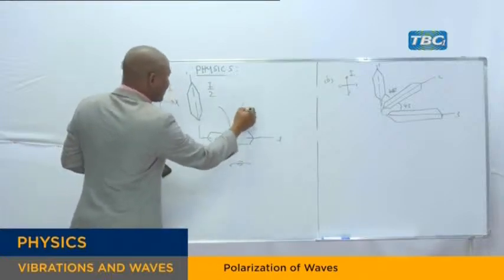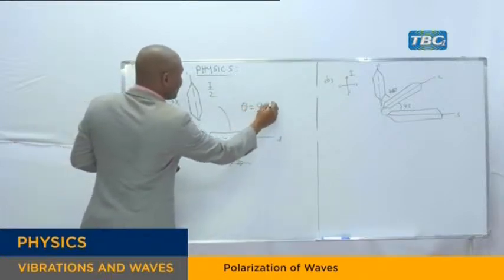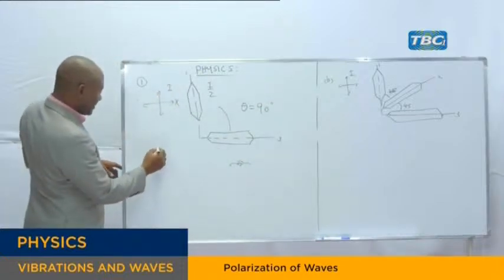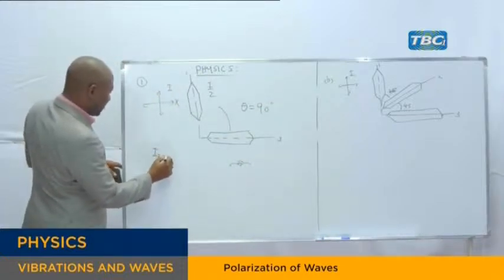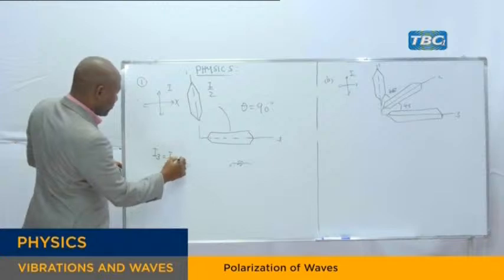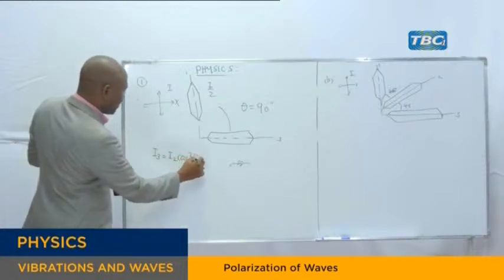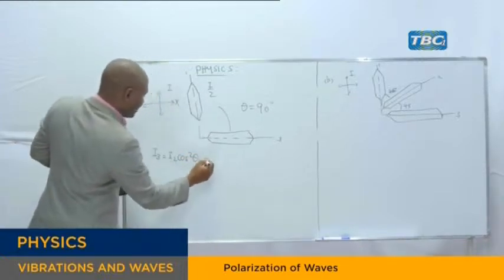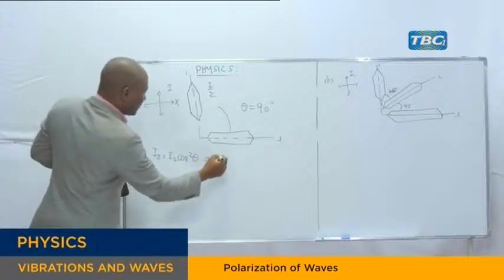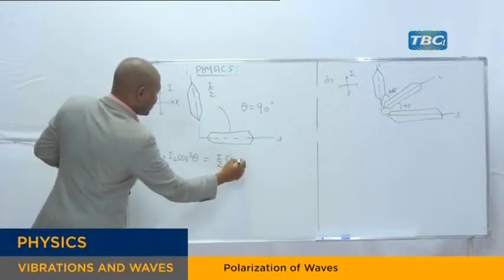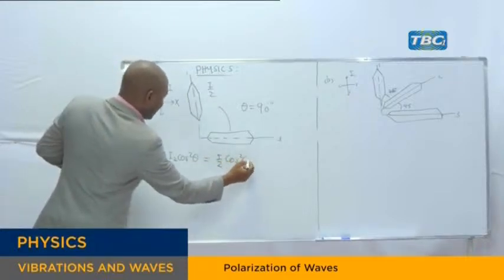The angle between them is 90, we know. This is I3 equals I2 cos squared of the angle, which gives I2 here is I over 2, cos squared of 90.